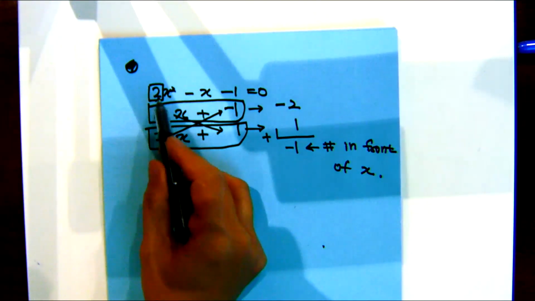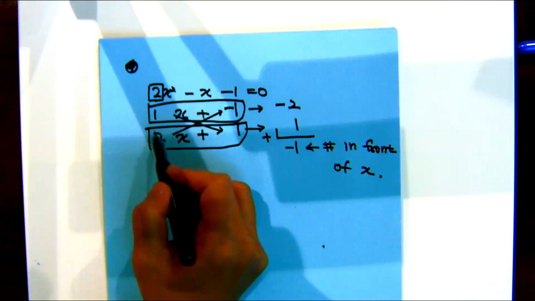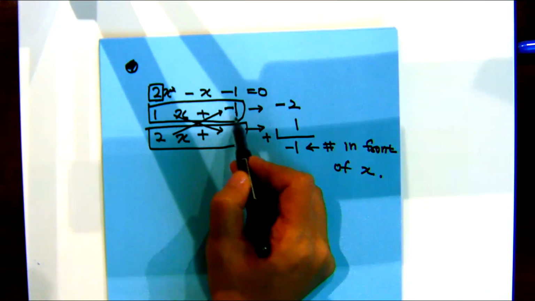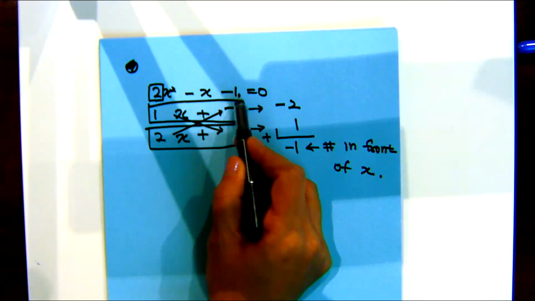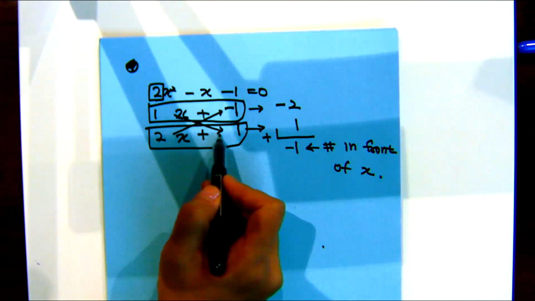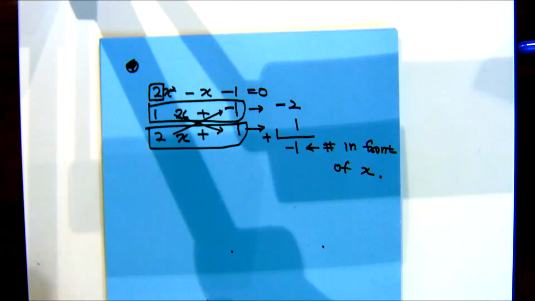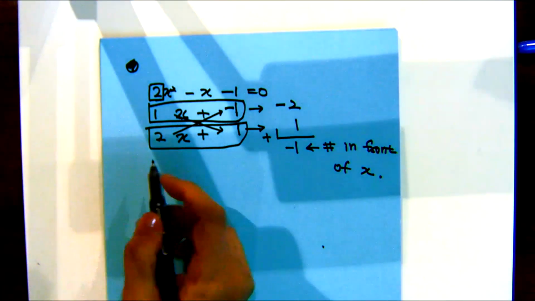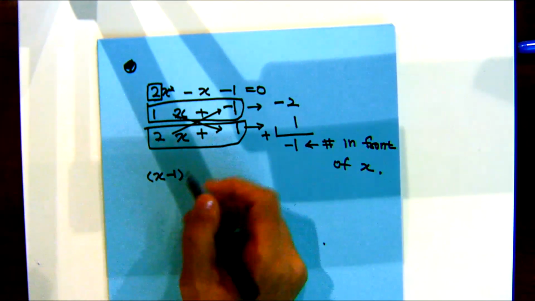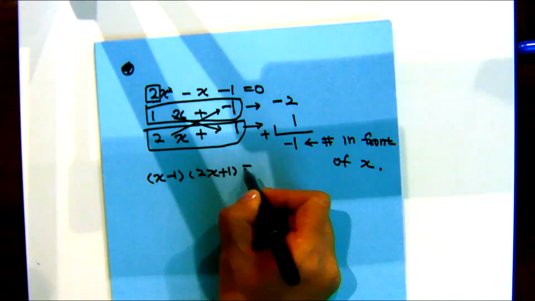What did I do? By factoring like this, I thought about the first. And for this one, when we multiply the two together, we are doing last, right? And this one is like outer or inner, whichever it corresponds to. You can verify it. So we can write it as x minus 1 times 2x plus 1 equals 0.